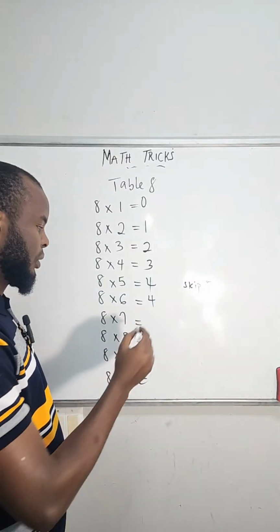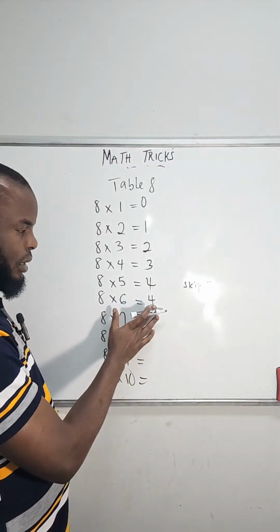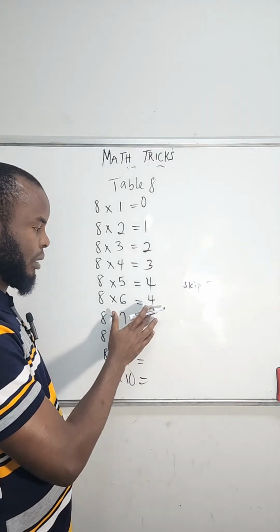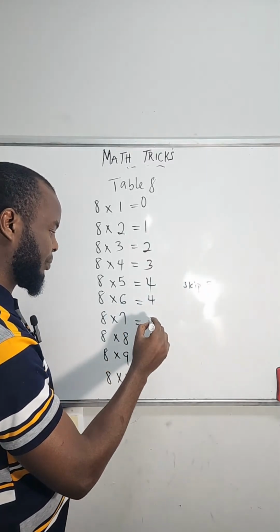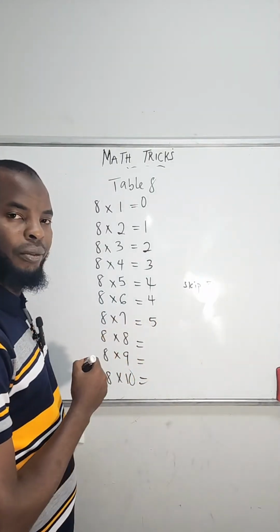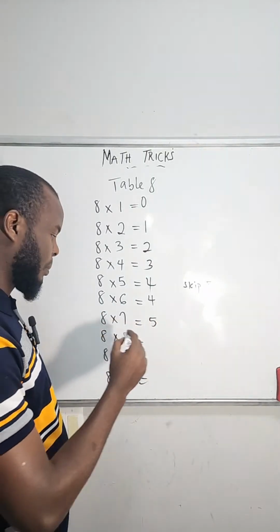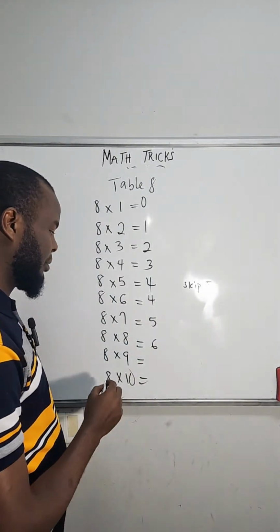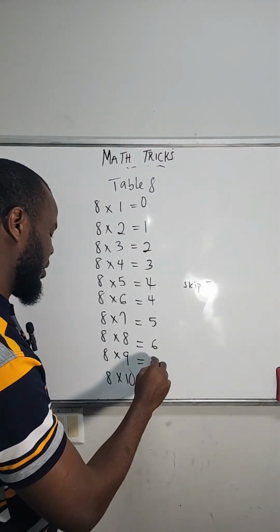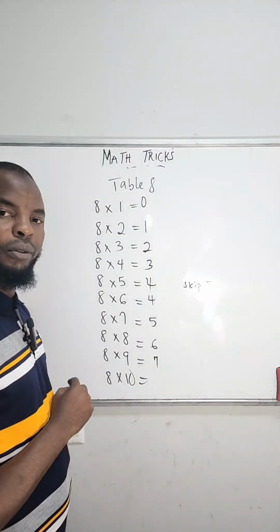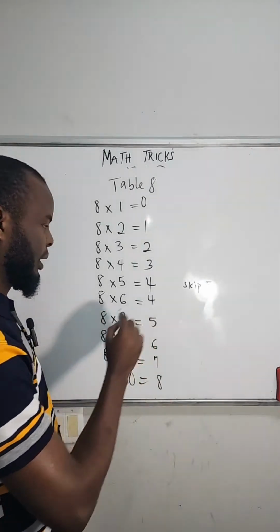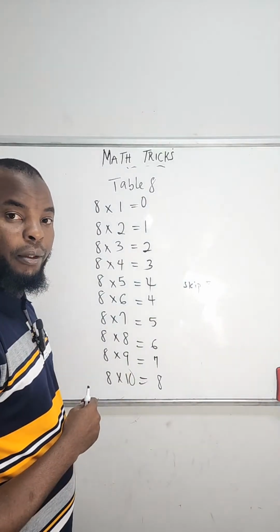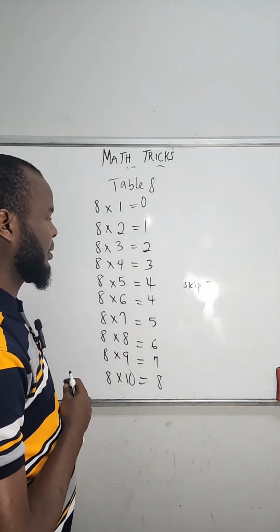Here, you skip 5. Instead of writing this, now you write 5. Here we have 6. Here we have 7. And here we have 8. So what we just did there is that 4 was written twice.